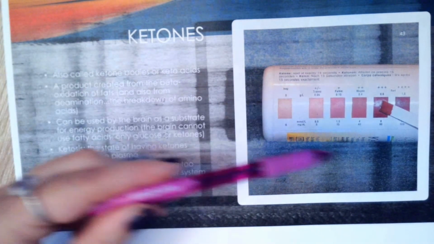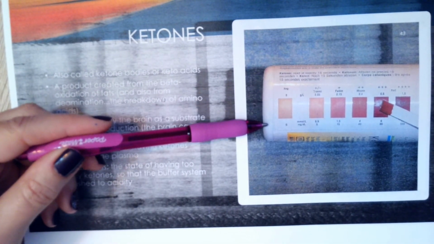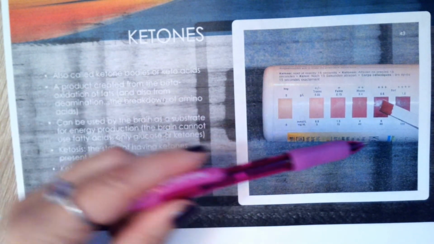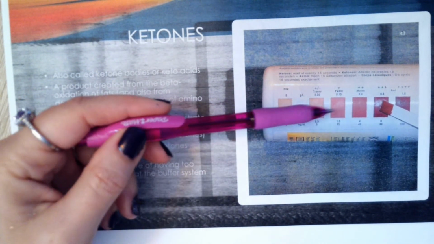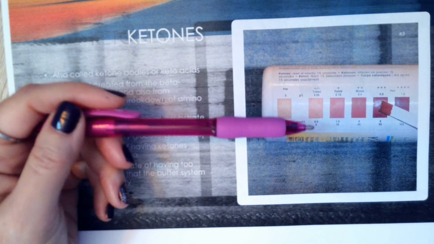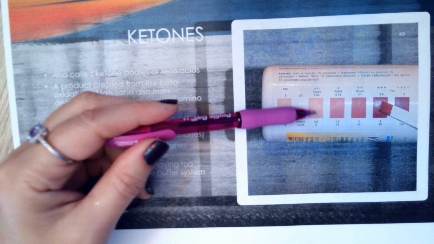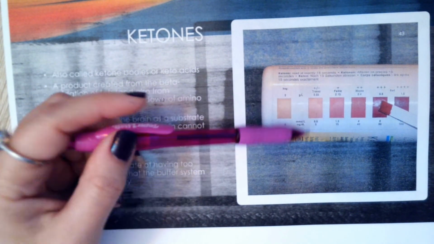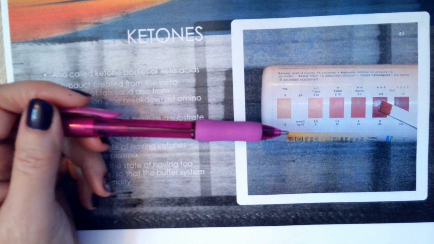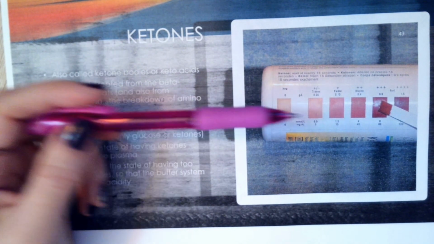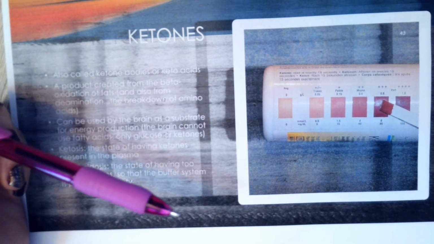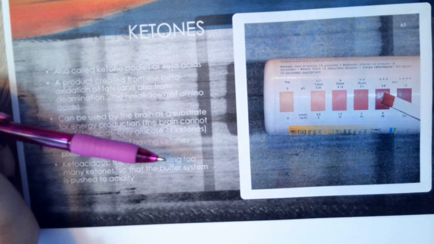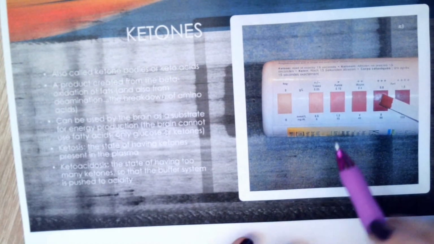This is a little ketone test strip, so it shows you the concentration of ketones in your blood. This would be something you would want to use if you were, say, diabetic, because ketoacidosis is a danger when someone has diabetes mellitus specifically.